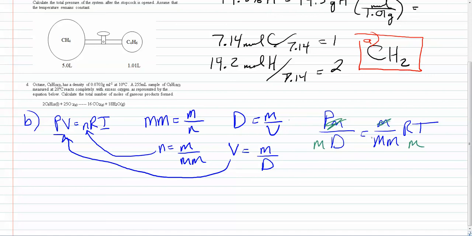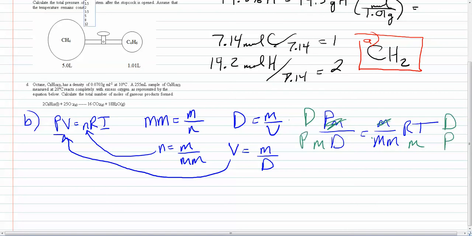So I need to multiply both sides by D and divide both sides by P as well. That'll all come out in the wash here, and we should end up with molar mass is equal to density over pressure times RT.